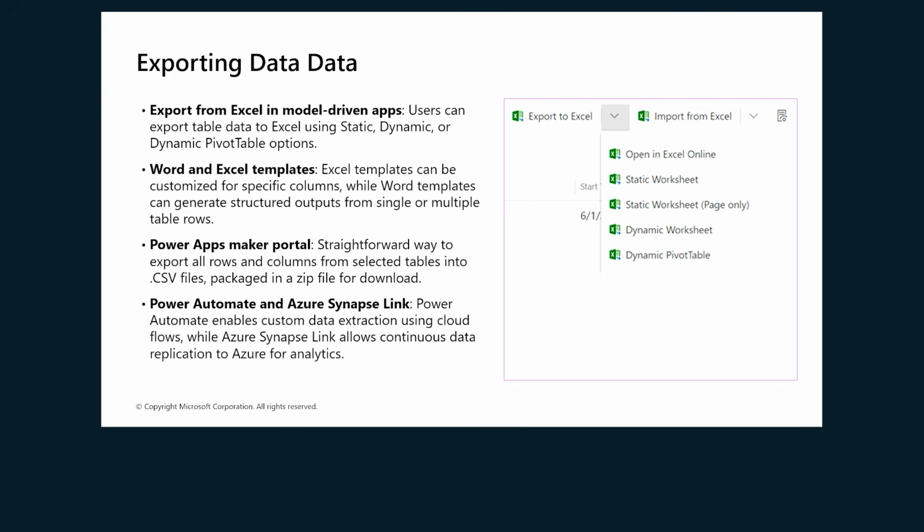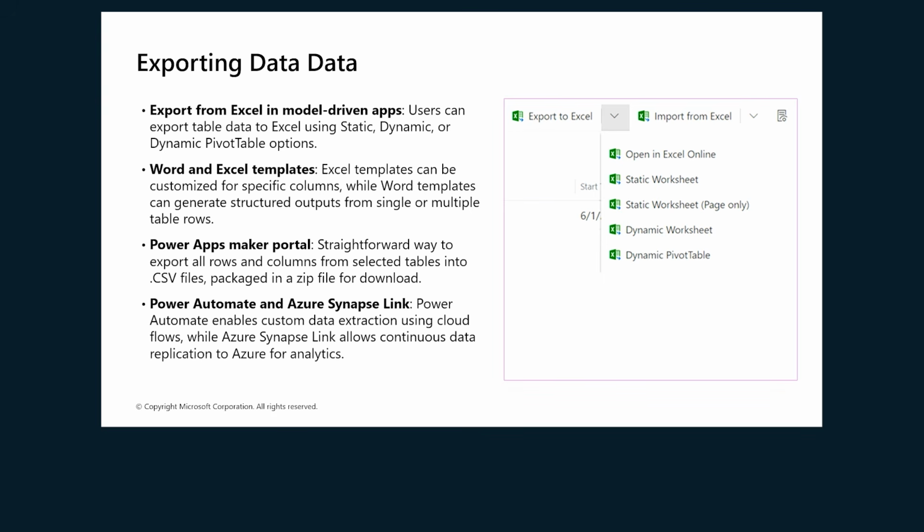This allows users to export up to 100,000 rows using static, dynamic, or dynamic pivot table options. This is ideal for users who need to analyze or manipulate data in Excel, especially when live updates or pivot-based reporting is required. For example, a sales manager can export dynamic data to track real-time performance across regions.